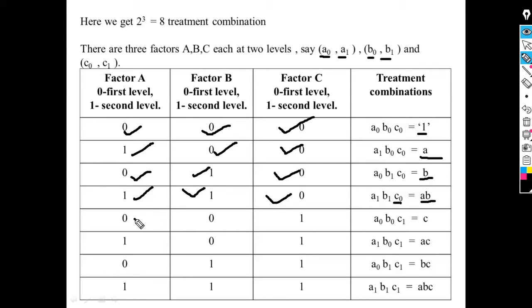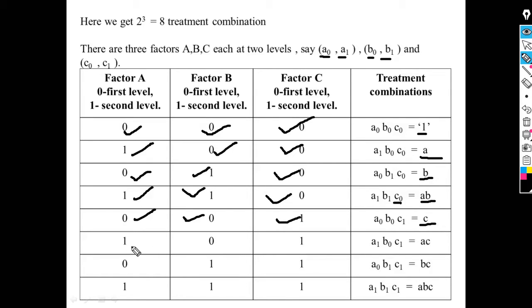Then the next treatment combination is factors A and B at first level and factor C at second level. So we get the treatment combination A naught, B naught, C1, and it can be written as C. So C denotes factors A and B at first level and factor C at second level.